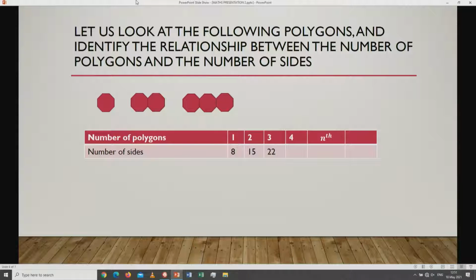So, here, again, let us see. Number of polygons and the number of sides.